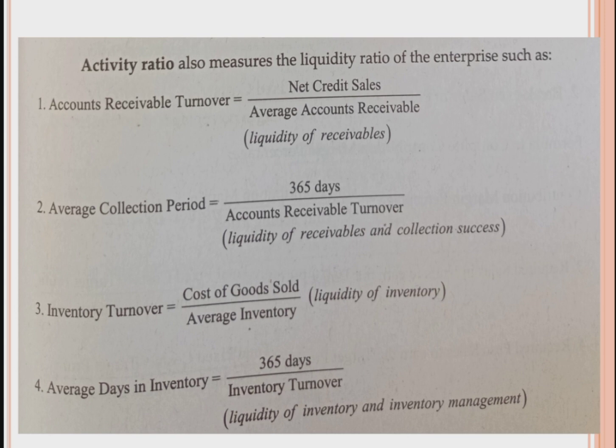It's the liquidity of receivables and collection success. Number 3, inventory turnover equals cost of goods sold divided by average inventory. It is the liquidity of inventory. Number 4, average days in inventory equals 365 days divided by inventory turnover. It's the liquidity of inventory and inventory management.